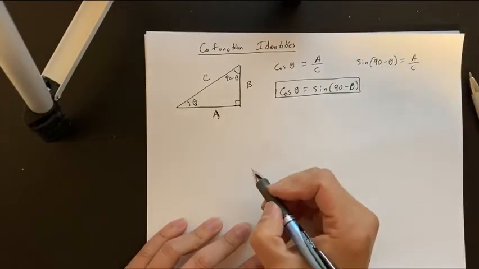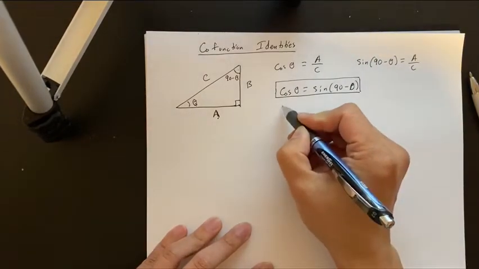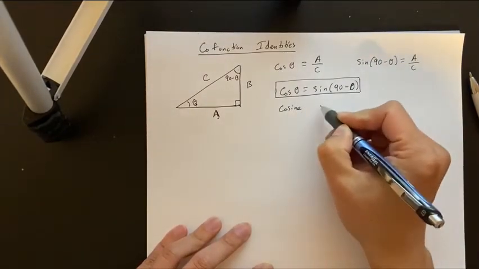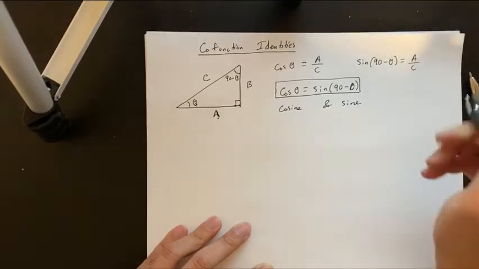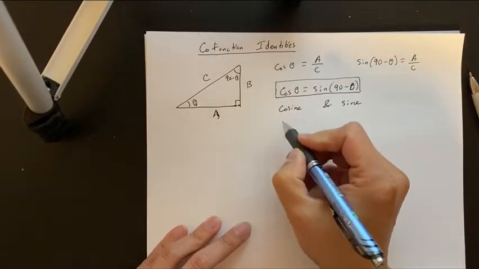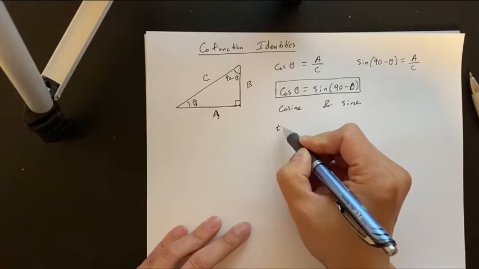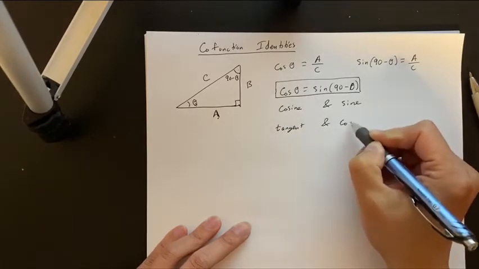Let's do another pair. Cosine is the cofunction of sine. What's another cofunction pair? Well, tangent and cotangent.